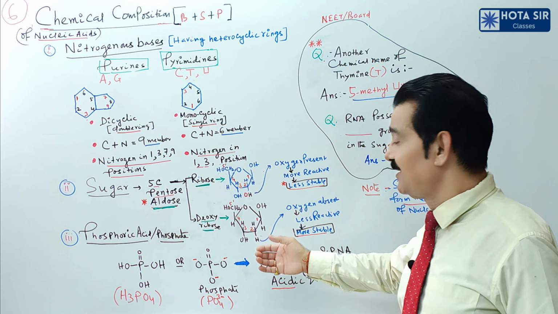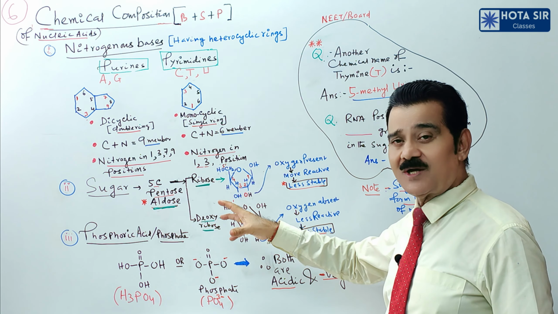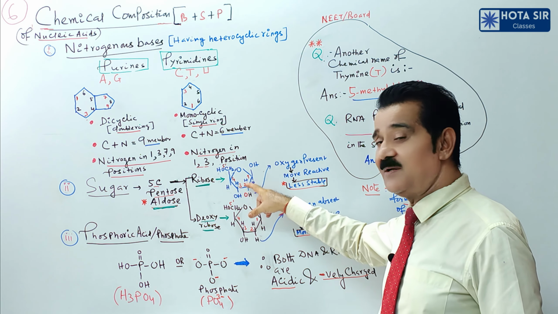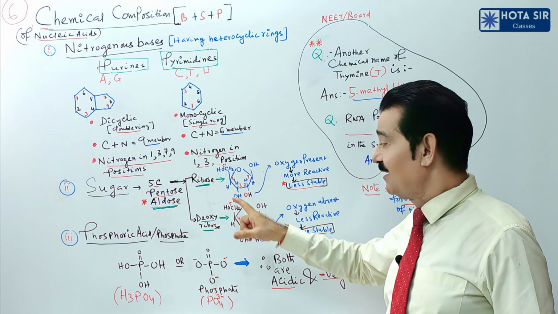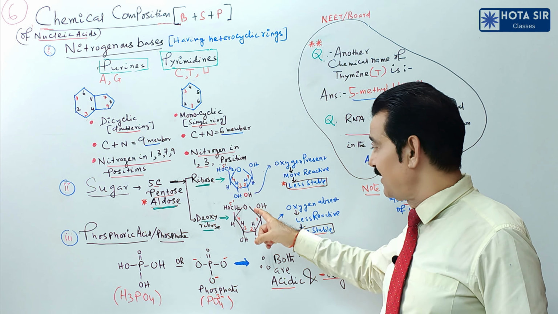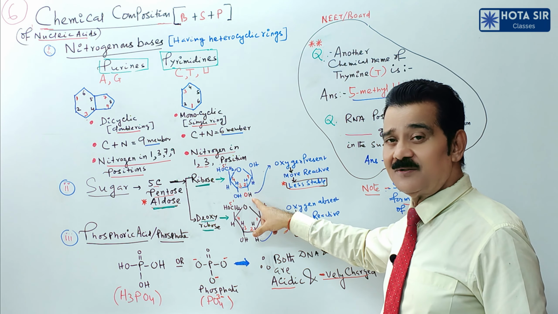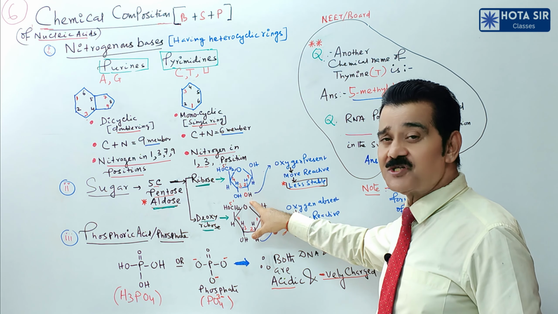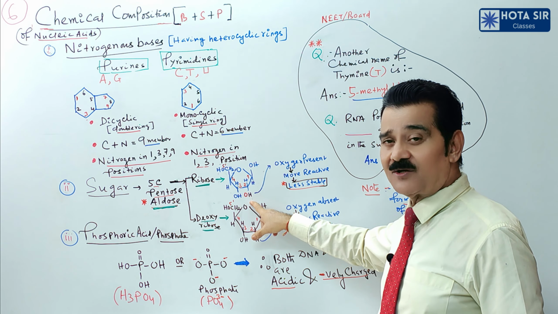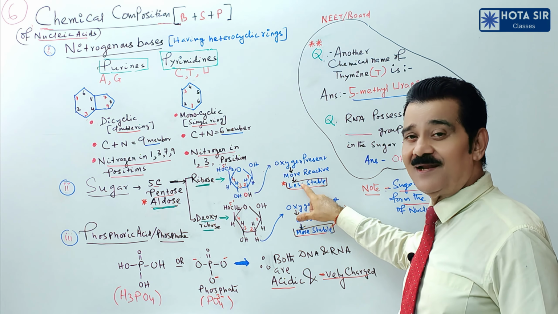Now in ribose and deoxyribose, see the differences in the structure. Both are pentose sugars, 5 carbon, 4 carbons in both cases are within the ring and the 5th carbon is outside the ring. Now children, here you see at 2 carbon of the ribose sugar, an OH group is there. Means an oxygen atom is there. That's why it is more reactive and less stable.